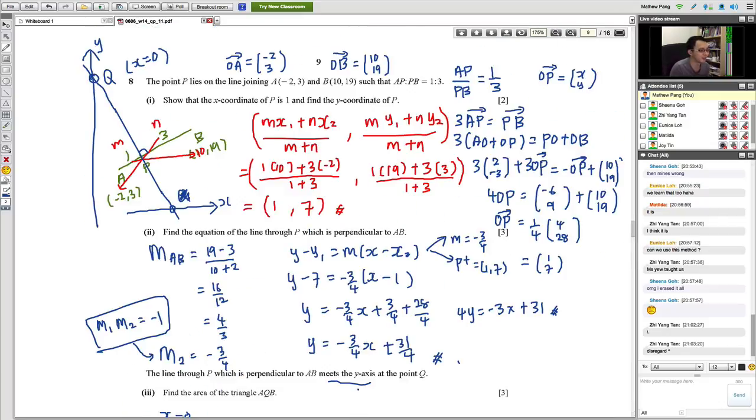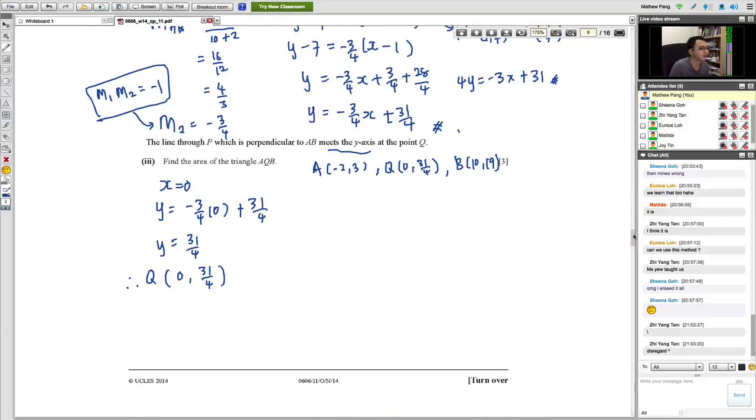Okay, so we have to mark down all the coordinates. A will be (-2, 3). Q, I write first, (0, 31 over 4). And B will be (10, 19). Then we just use the area formula, equals half modulus.